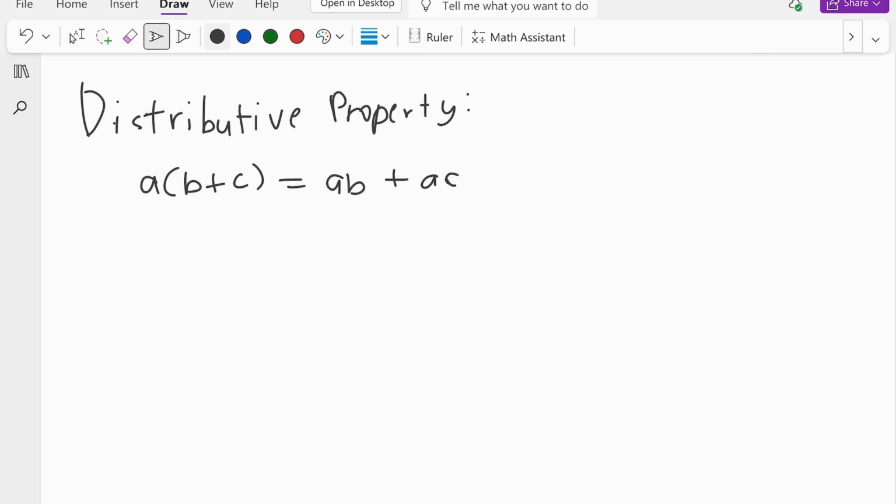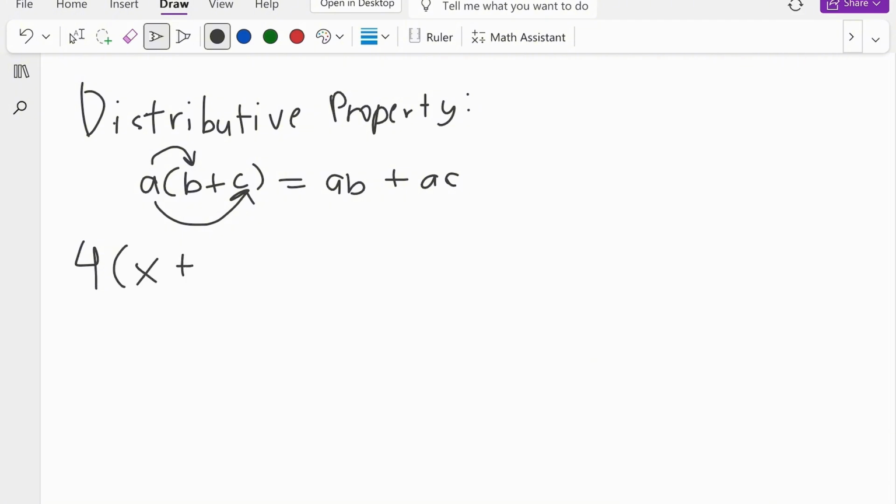If we multiply a by the quantity b plus c, that equals a times b plus a times c. The reason why it's called the distributive property is because we're essentially distributing a to b, and then we're distributing a to c.